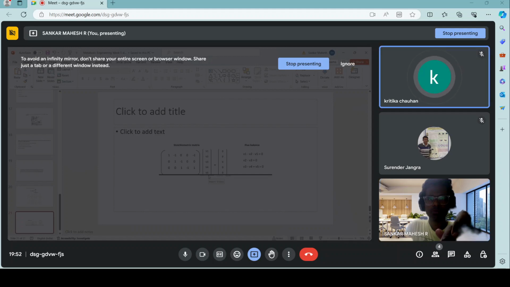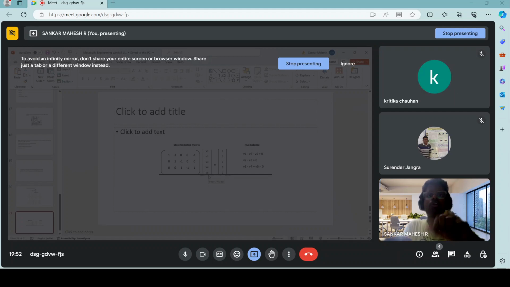Just a second, sir. Yeah, you can make a note of it. I'll type here, you can make a note. V1 is equal to V2 plus V5. V2 is equal to V3.